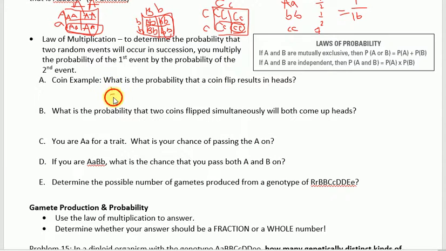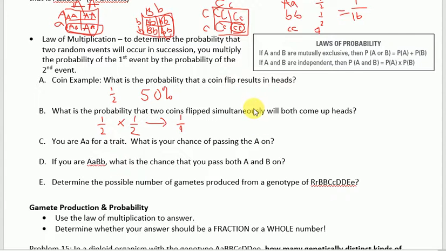There's 1 out of 2 chances because there are 2 sides to that coin. What is the probability that 2 coins flipped simultaneously will both come up heads? We know that we have a 1/2 chance for that heads, and the same will be true for the second coin. So we multiply that, and we end up with 1/4, or 25%.